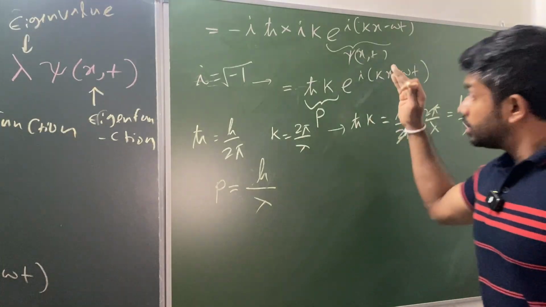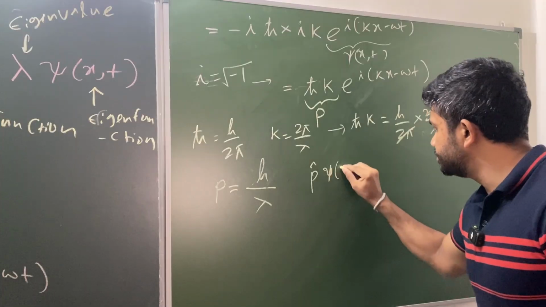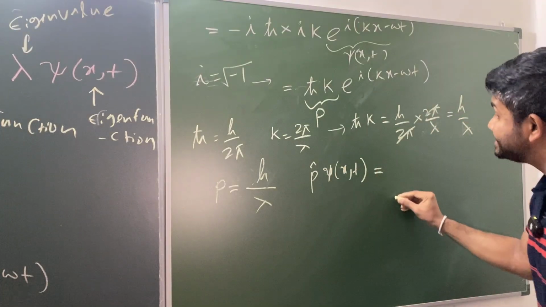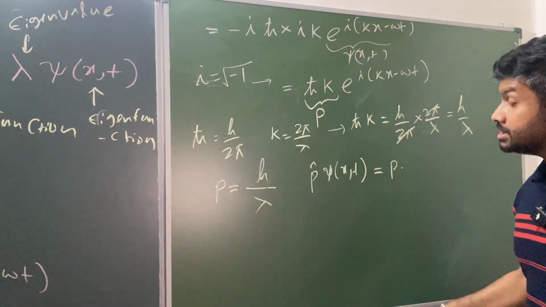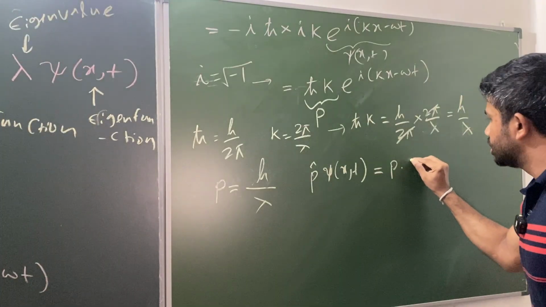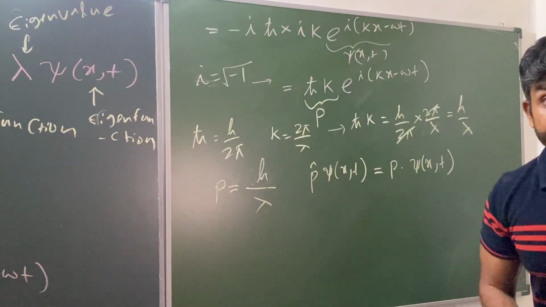So now what we got is, when you put the operator p in front of this one, we ended up with the momentum itself, p, because h bar k is the momentum, times again phi, our function. This is a perfect eigenfunction.